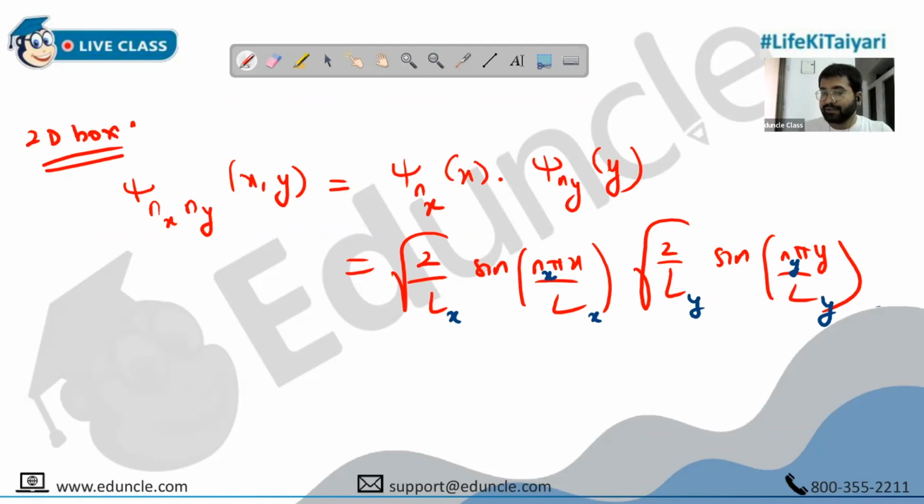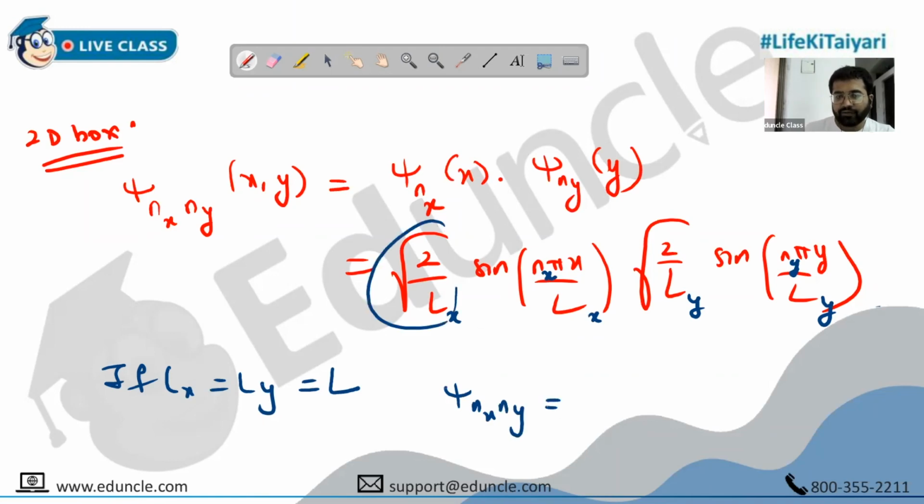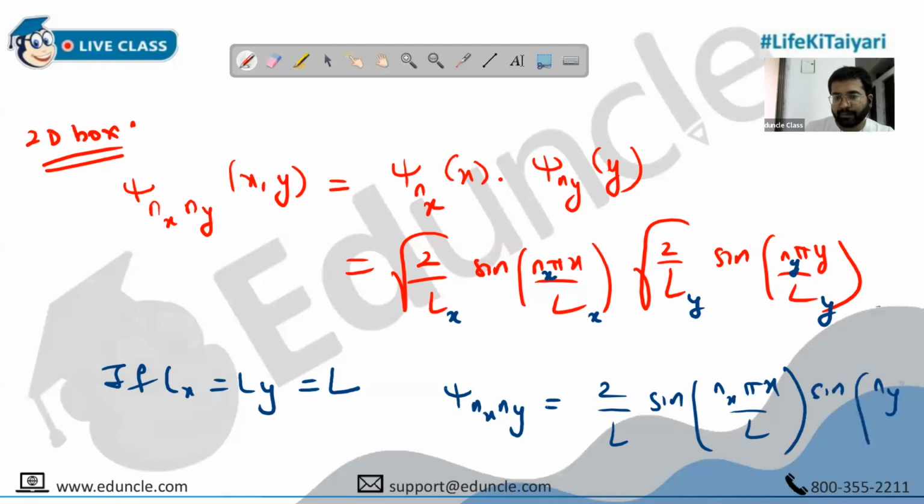If it's a 2D box where the lengths are equal, which usually they will be, if Lx and Ly become equal to L, then the value of psi nx ny would be root of 2 by L into root of 2 by L. That becomes just 2 by L sine of nx pi x by L into sine of ny pi y by L, if Lx and Ly become equal.